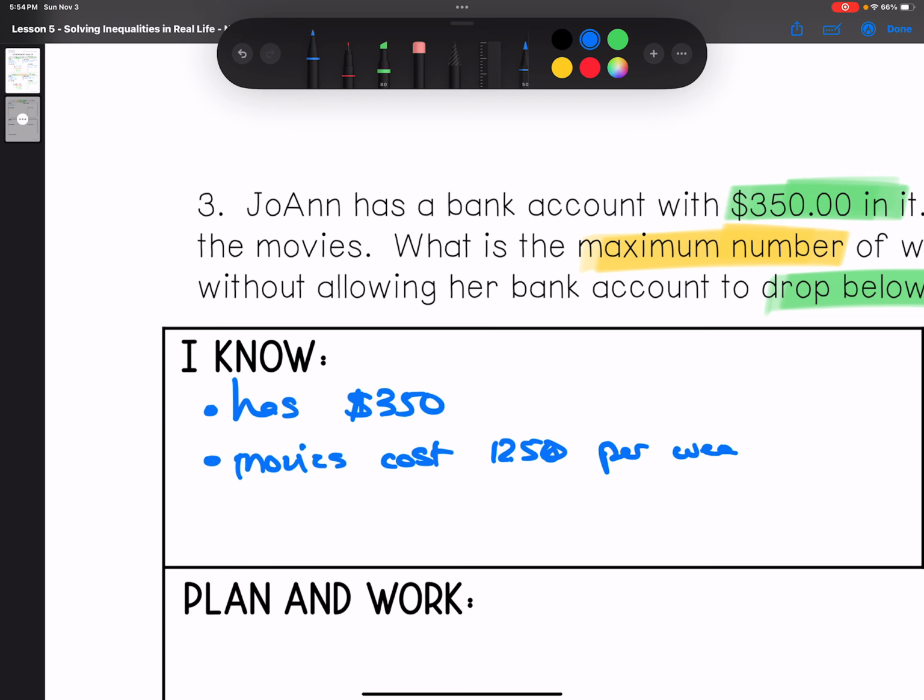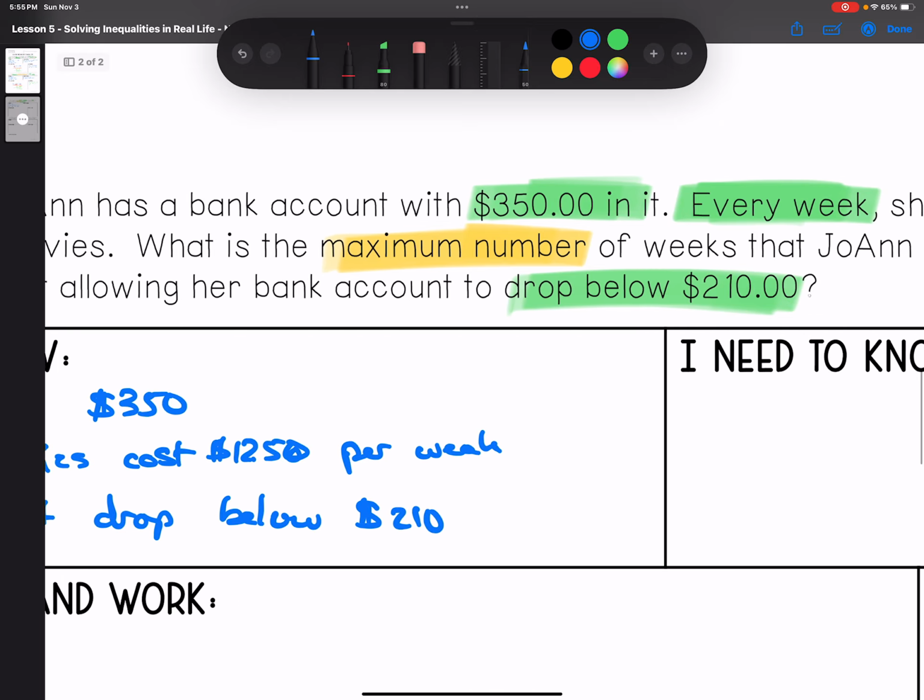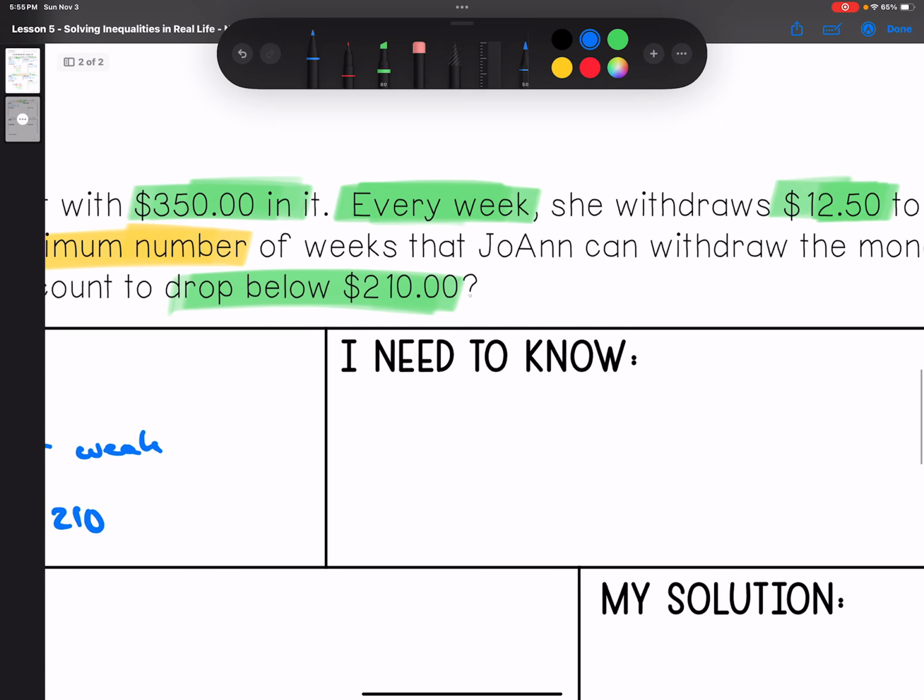And then I also know she can't drop below 210, right? She has 350. Movies cost $12.50 per week, and she can't drop below 210. Again, if you're not getting all that in time, I will zoom out in a minute, and you'll be able to get all that. What do I need to know?